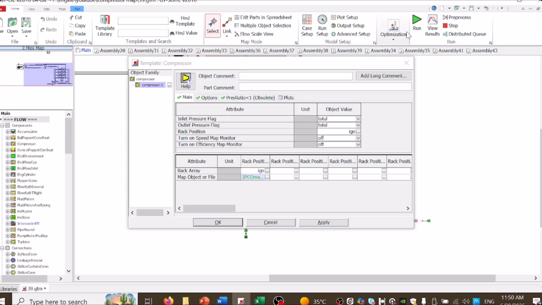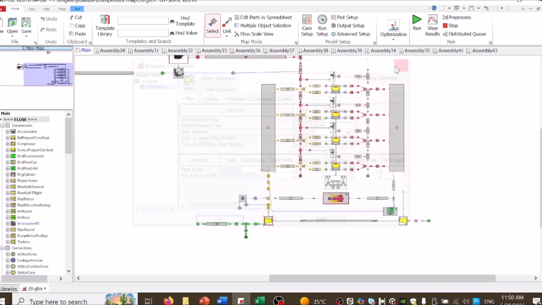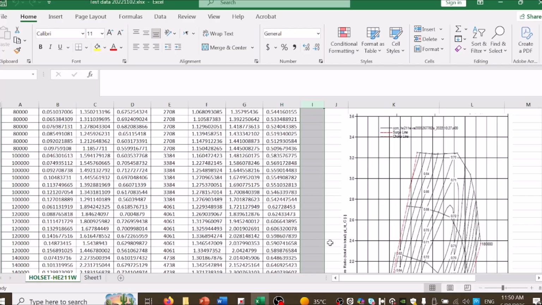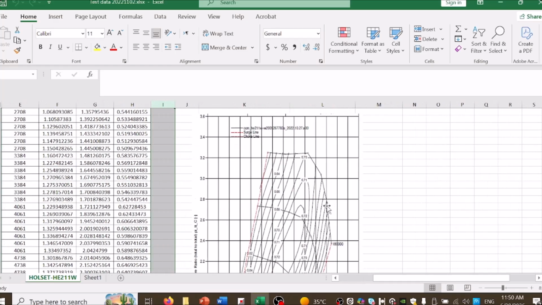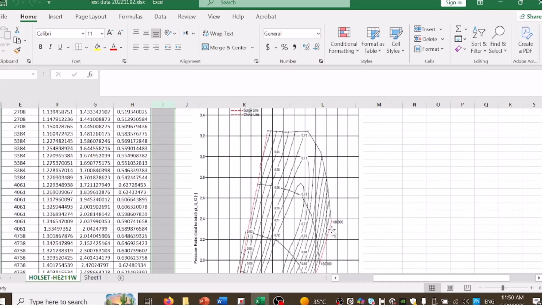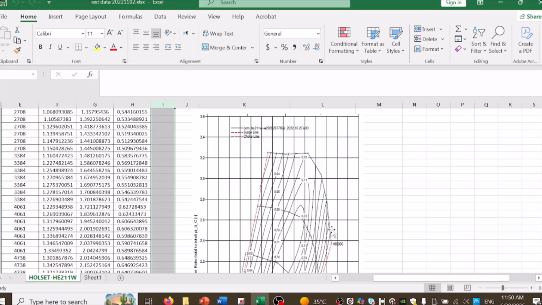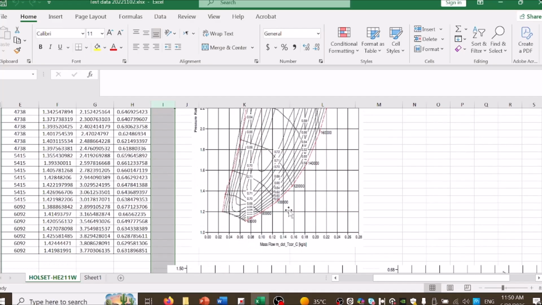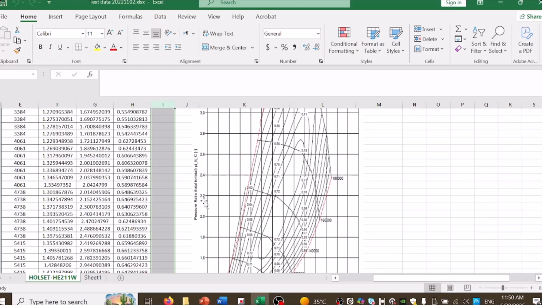But let's go to the compressor map and explain the axes of the compressor map, okay? So as you can see in this plot here, we have the horizontal axis, that is airflow, and pressure ratio on the vertical axis.